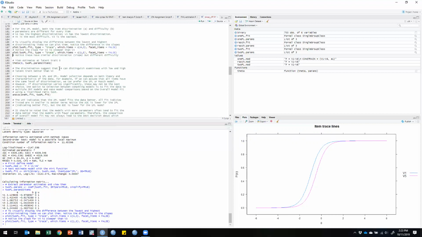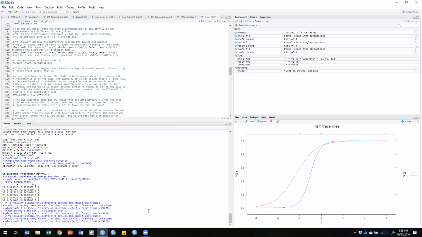The discrimination suggests that item 4 can distinguish between low and high examinees better than, say, question 3.